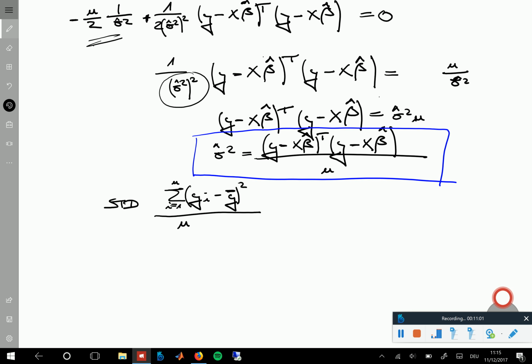By what did you divide? When you compute standard deviations or variances in undergrad statistics. Remember that? Do you divide by n or something else? N minus 1. Exactly. So it was by n minus 1, and then the question was always why n minus 1. It was not really clarified, and we will also not clarify that here.